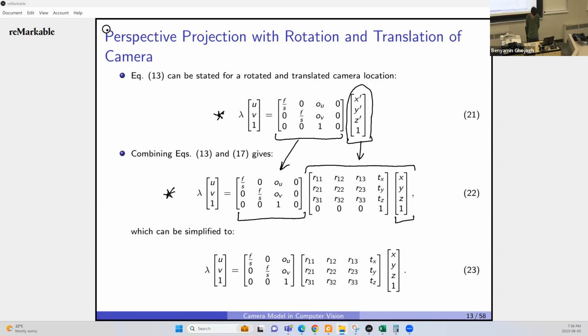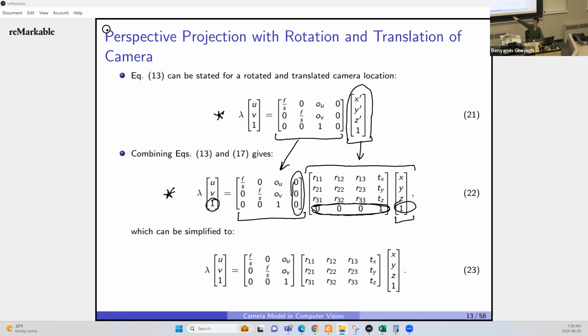Now we can simplify equation 22 to become 23. How? I get rid of this row because it's useless for me. Why? Because this is 0, 0, 0, this is 0, 0, 1, and this is 1.